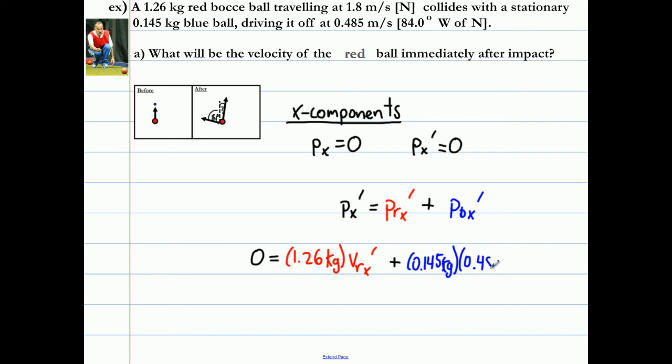So we're going to take an x component of the 0.485 meters per second value. So we're going to use cosine of 174 and multiply it by the speed of the blue ball total. So we're using the polar coordinate angle measure. So this is where we get the 174 degrees from. It's just nice because the signs work out nicely.